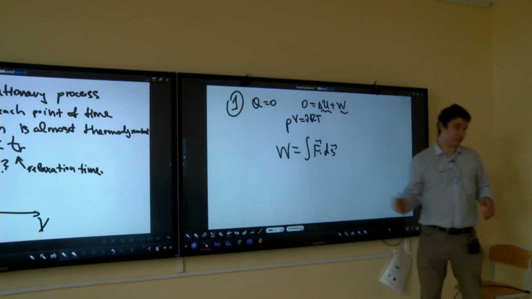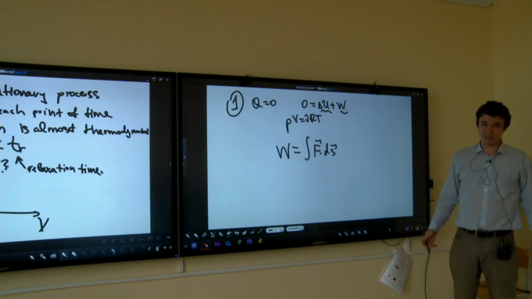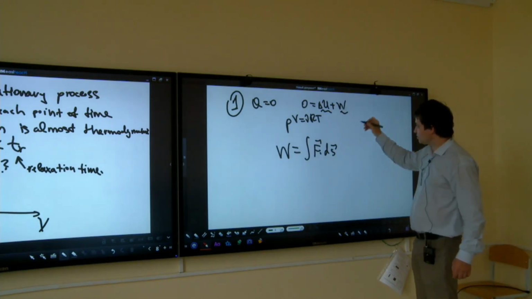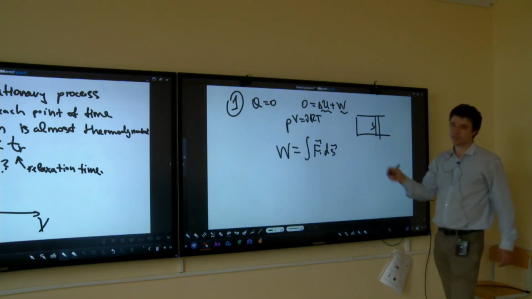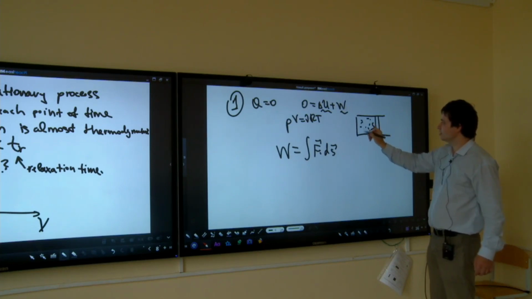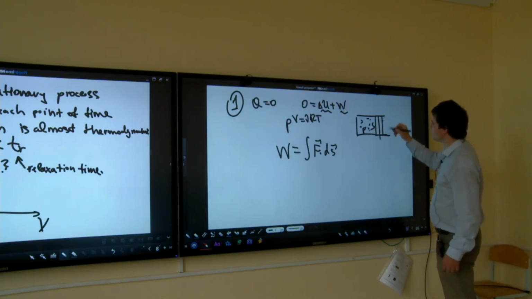Okay, but this is not quite applicable to the gas, so we need to do some modifications. And for modifications, let's consider the following. Let's take a piston. A piston has the cross-sectional area of S. Here I have gas, which has some pressure, and I have a displacement of the piston.